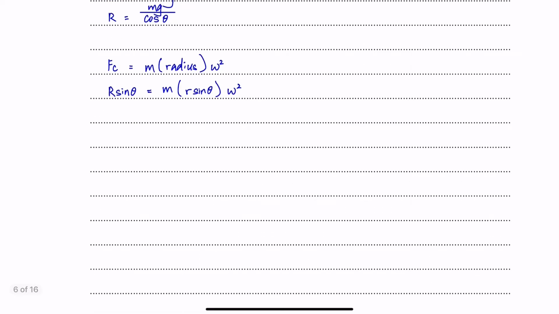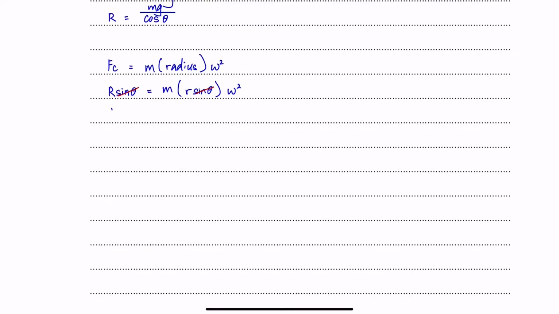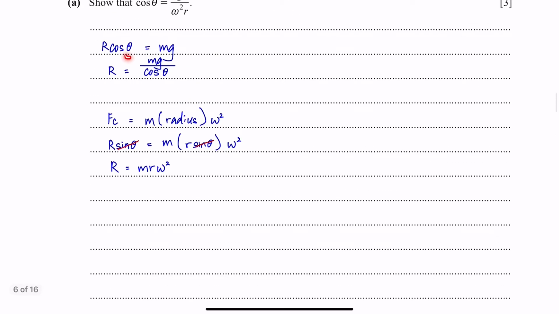And we can cancel out the sine, and R would just be m r omega squared. So we swap this R into this, and we would get mg over cos theta equal to m r omega squared.